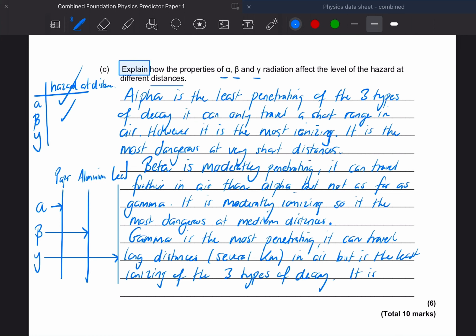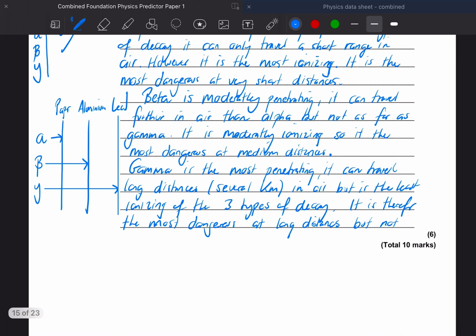It is therefore the most dangerous at long distances, but not as dangerous as alpha or beta over short distances.